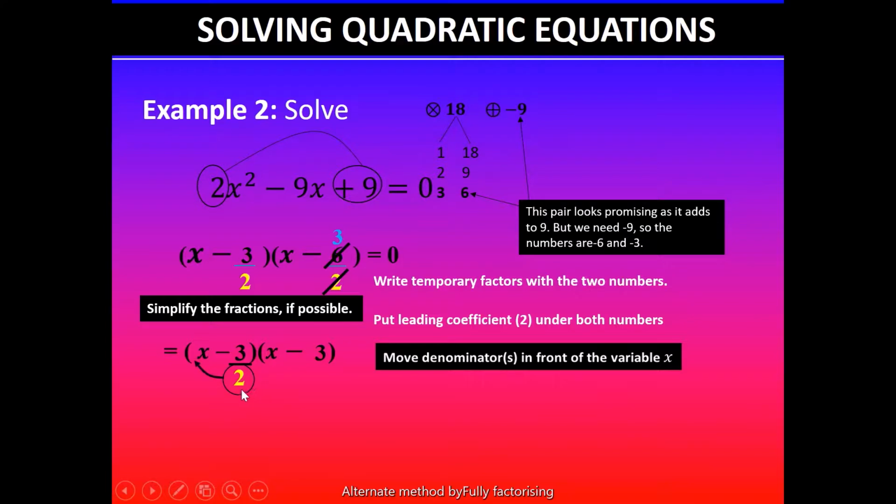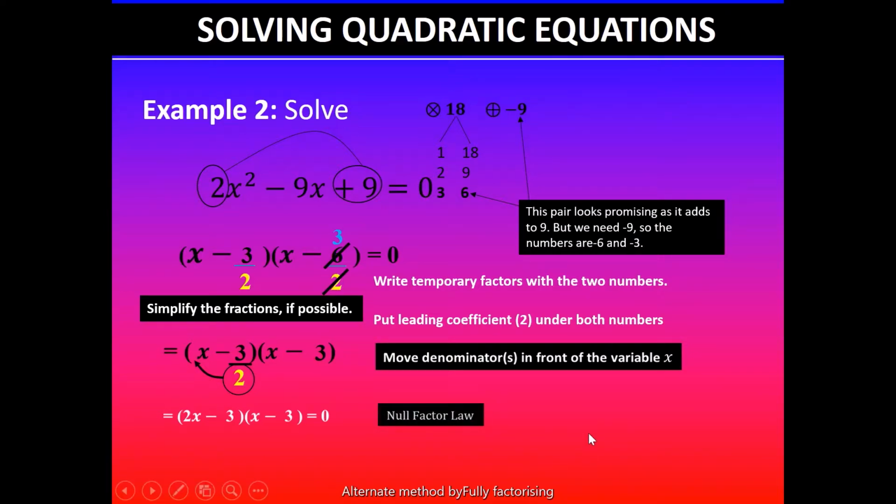So I will take this 2 and put it over there, which will give you 2x minus 3 into x minus 3. This is now the correct factorization, which I skipped in the previous method, but you can still do this and get the same result.